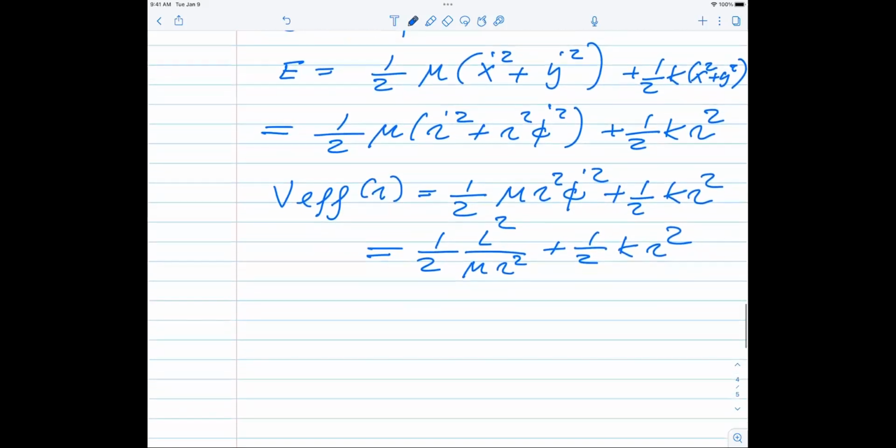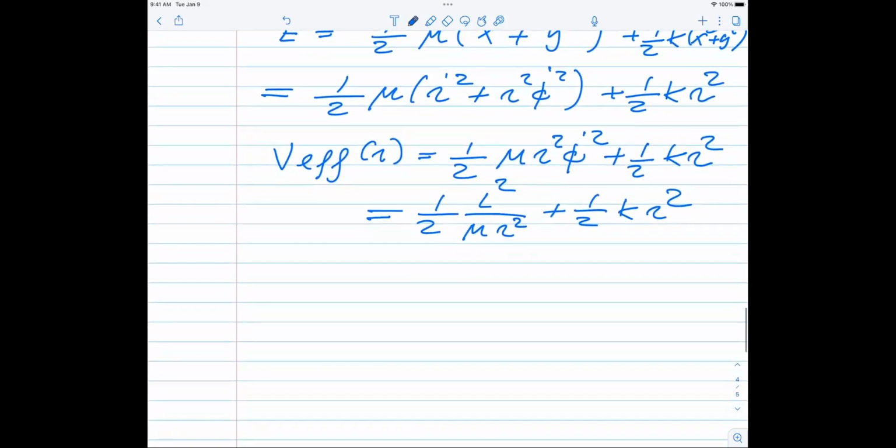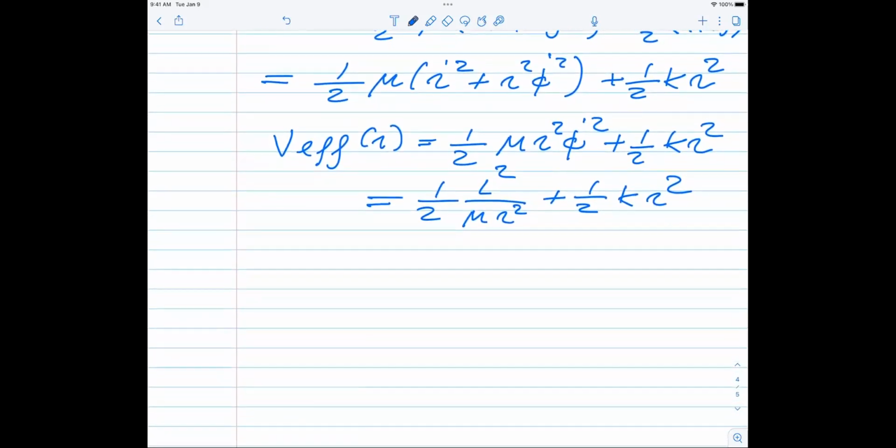Now, this equation here is actually easy to solve for the x and y degrees of freedom. I'm also going to bring up the equation of motion. So this is the acceleration in the radial direction. And that's going to be given by the standard harmonic oscillator force, minus k times r, plus this term, which goes like L squared divided by mu over r cubed.